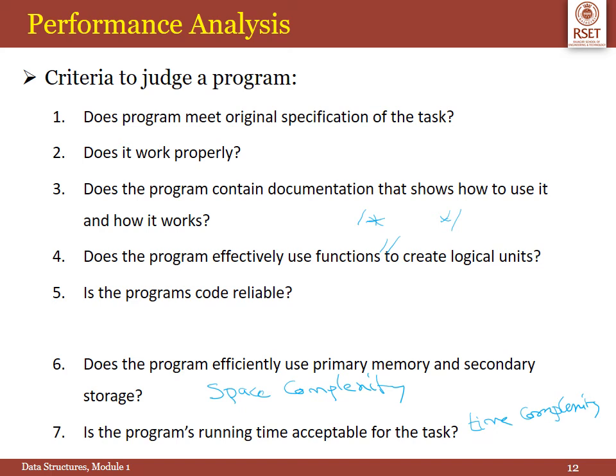That is, the various sets of inputs given to that particular program, do they give me the specific desired output or not. Third is, does the program contain documentation that shows how to use it and how it works?